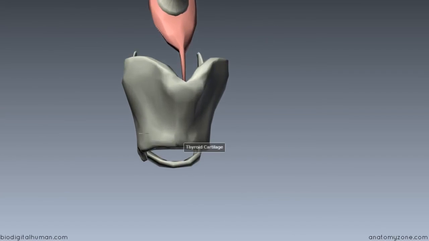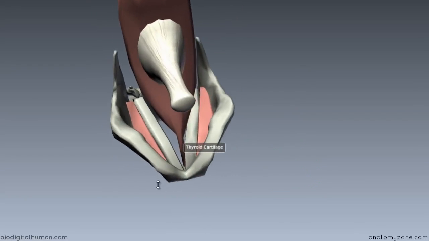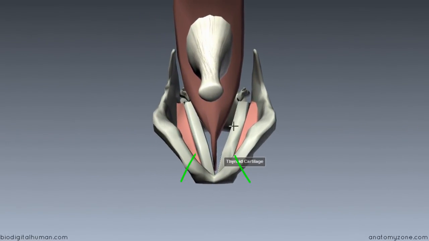So what are the implications of this movement? Well, just imagine if the thyroid cartilage is pulled forward and downwards, what's going to happen to the vocal ligaments inside? They're going to be stretched. If you stretch the vocal ligaments, you're going to get more tension in the vocal cords. A greater amount of tension in the vocal cords is going to produce a higher pitched sound.